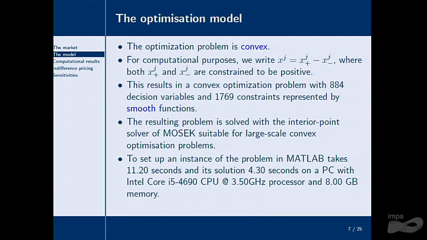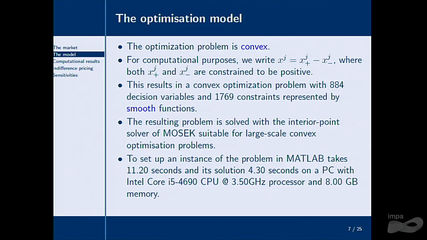But it's a convex problem indeed. And this slide is about how we solve the problem in practice. First of all, we double the number of variables. We represent every position xj as a difference between the positive part and the negative part. Those variables are then constrained to be non-negative.